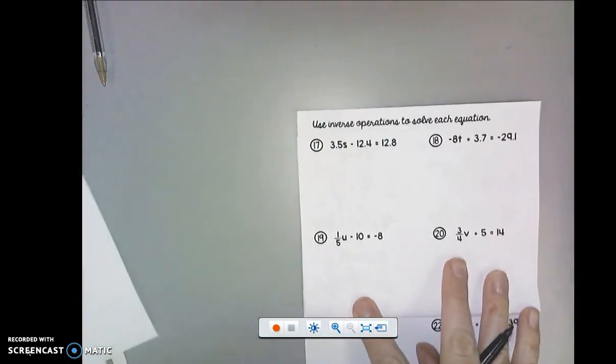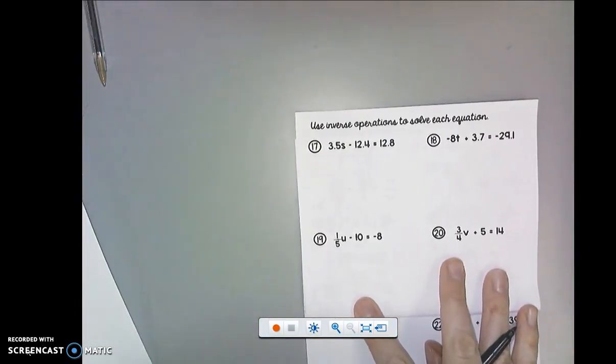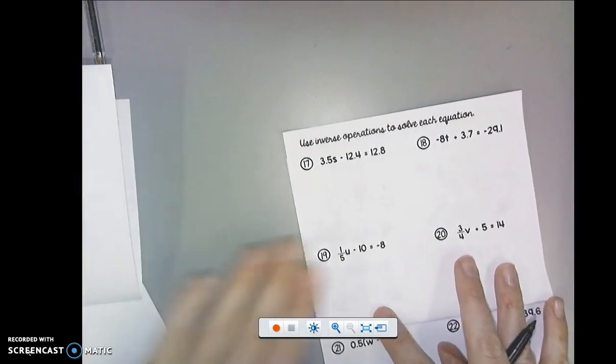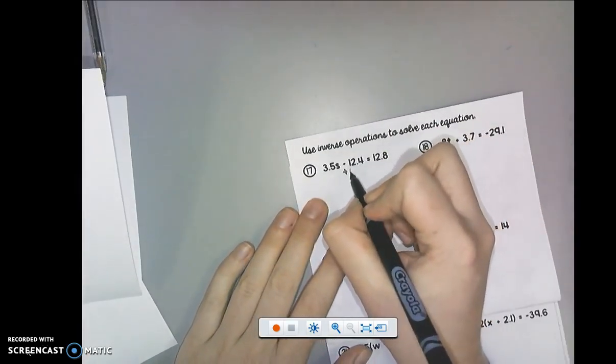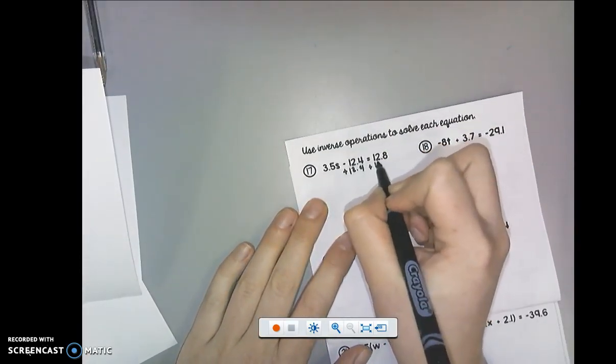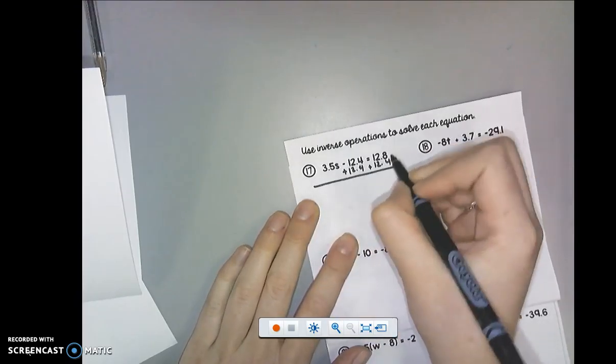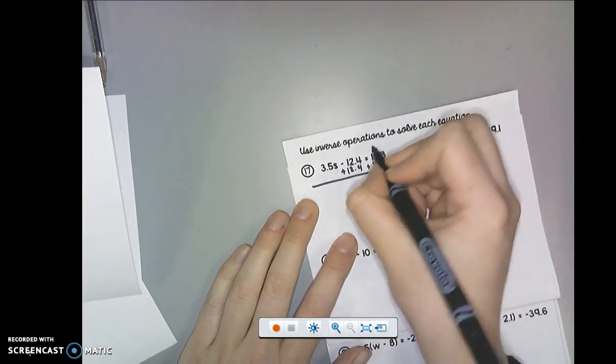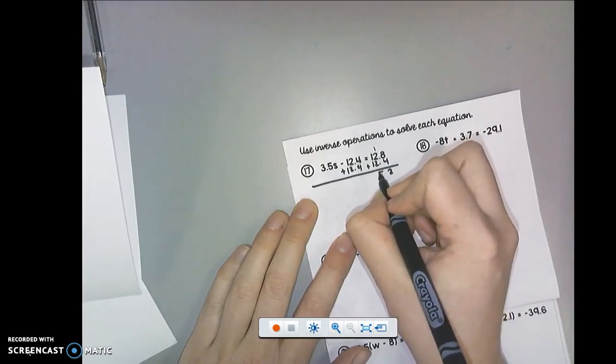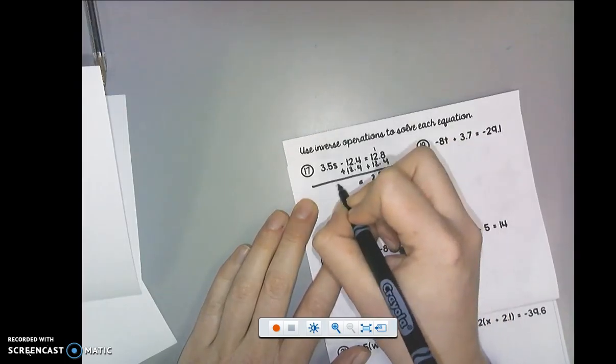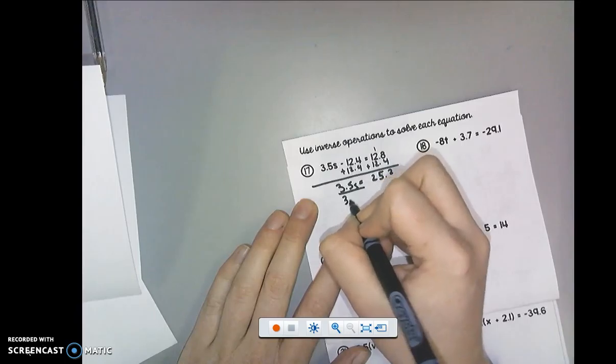Okay, so we've got to remember that we need to first add. So that'll be 2, carry the 1, 4, 5, equals 3s, divided by 3 5/10.